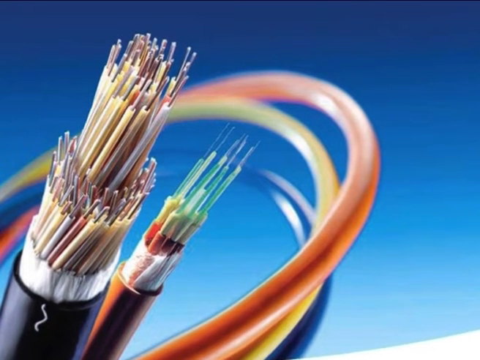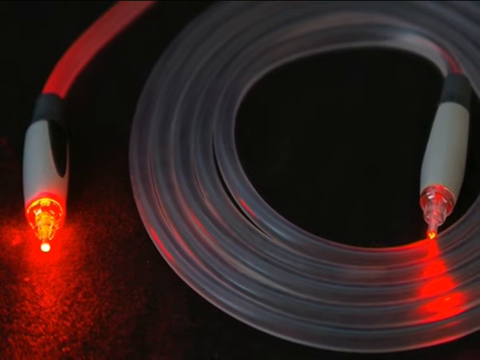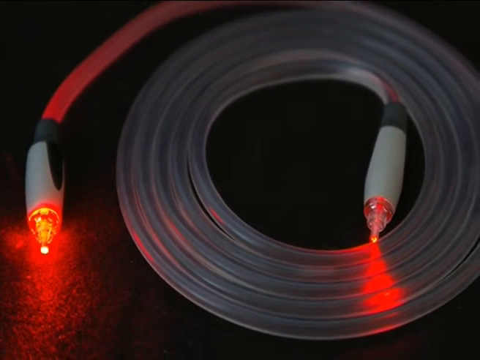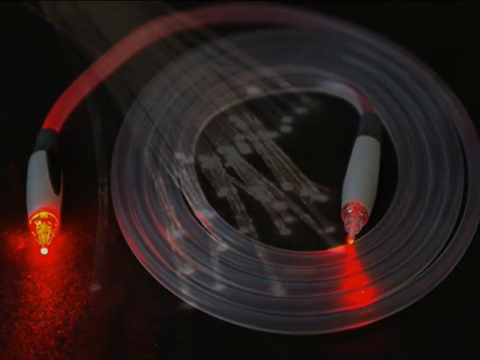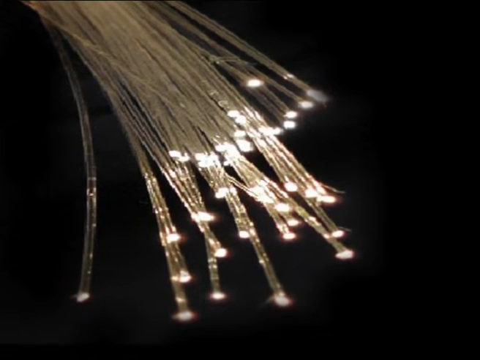This brings us to the third and most widely used communication medium of wire transmission, that is, optical fiber cables, or OFC. An optical fiber is an ultra-fine glass fiber which transmits light signals rather than electric signals for data transmission.